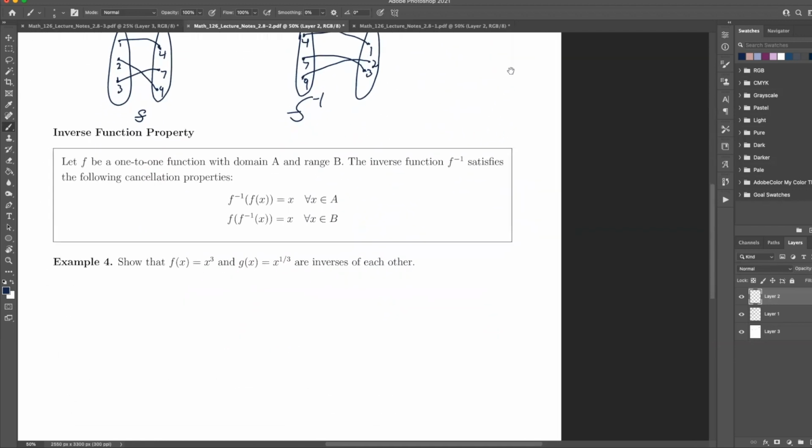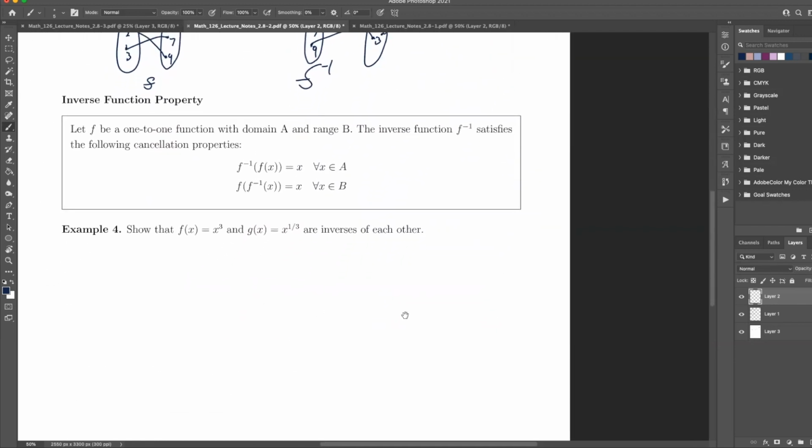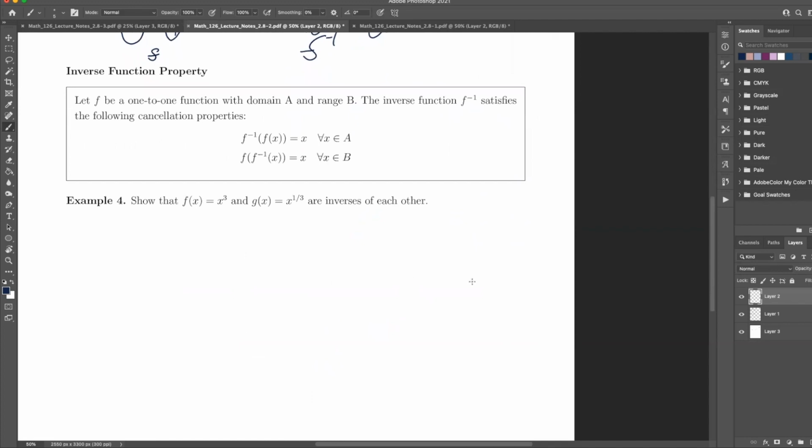Okay. All right, so show that these two functions are inverses of each other. To show something's an inverse of each other, we do the following. We compose f composed with g, aka we're going to show that f of g of x equals x.